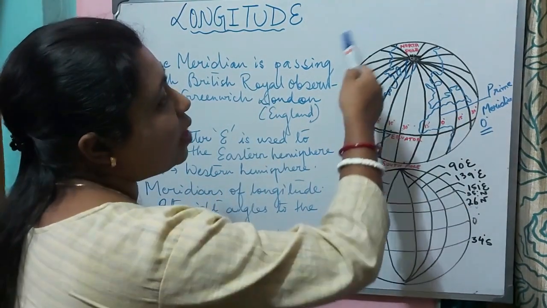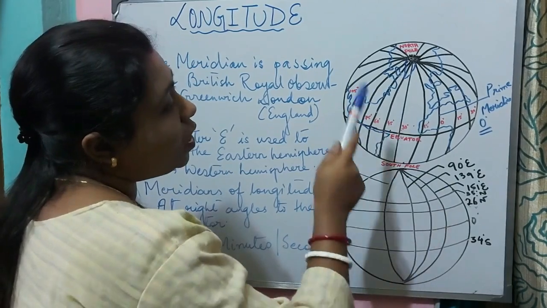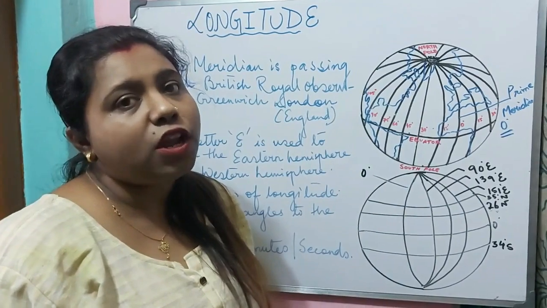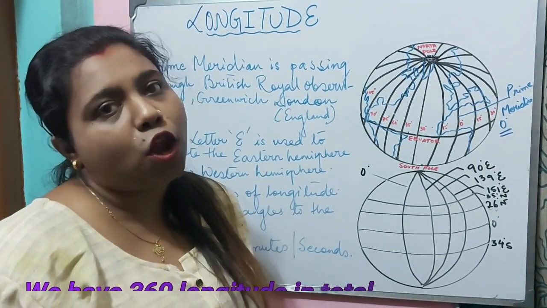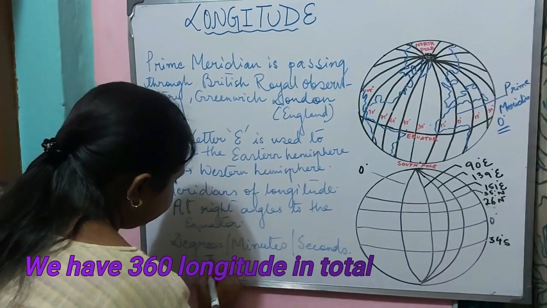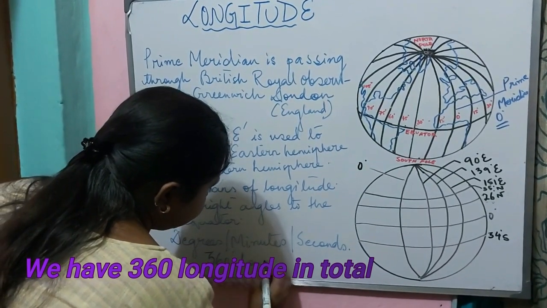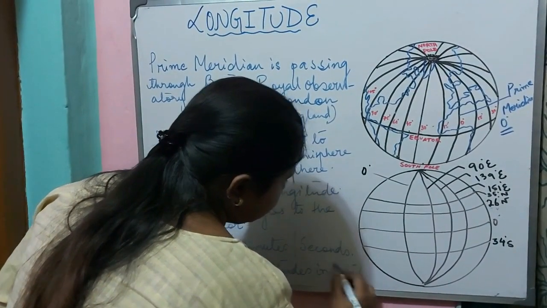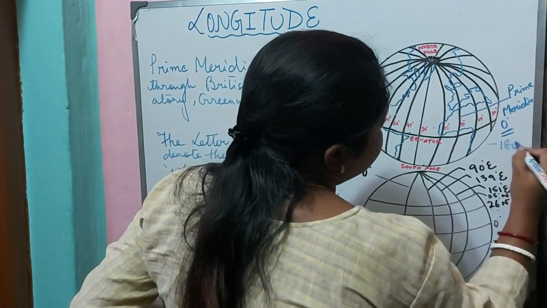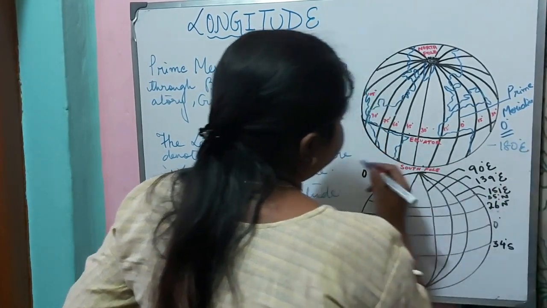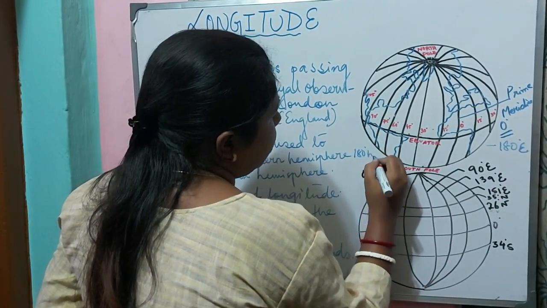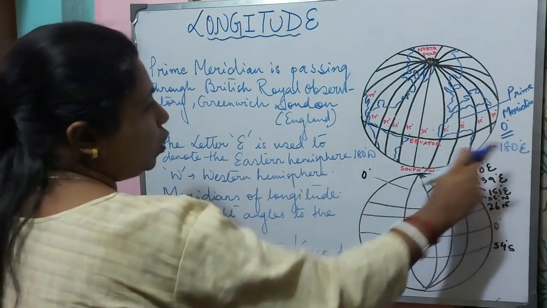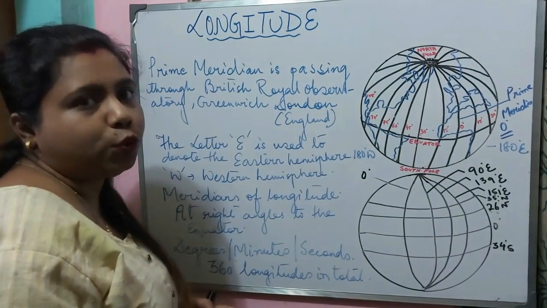That means as the shape of the earth is a sphere, we have 360 longitudes in total. 180 degrees in the east and 180 degrees in the west. So here we have 180 degrees and here we have 180 degrees. In total we have 360 longitudes.